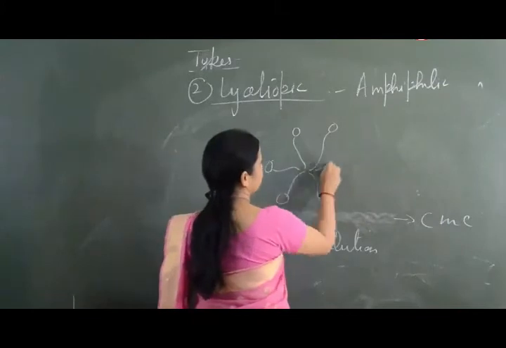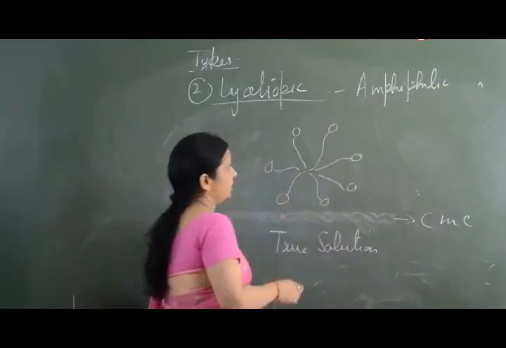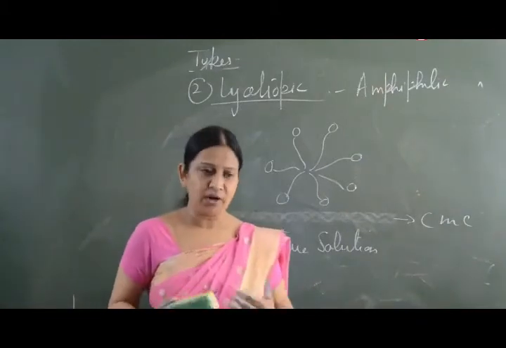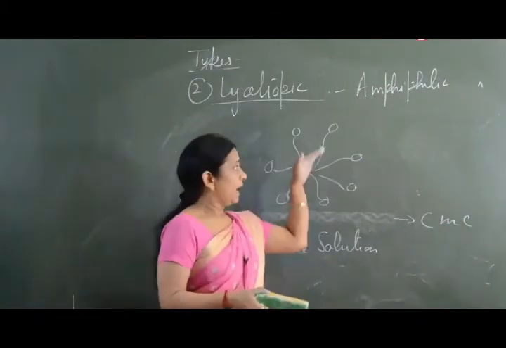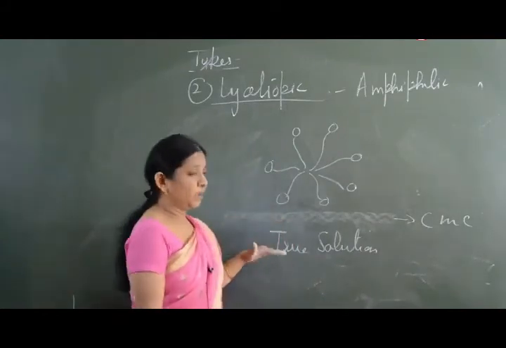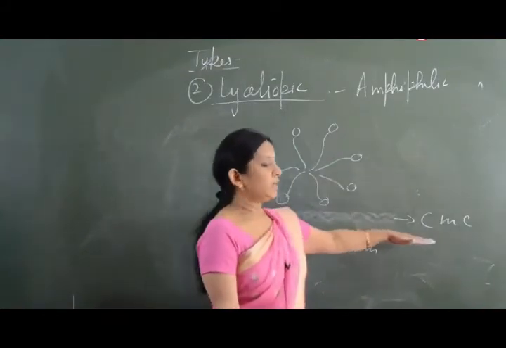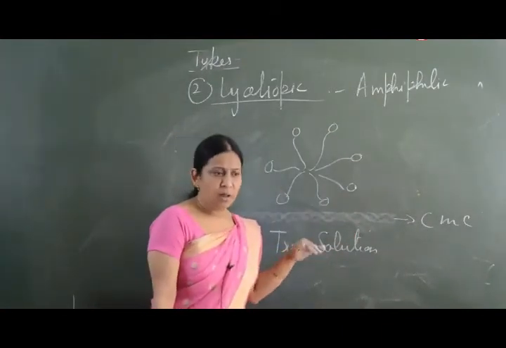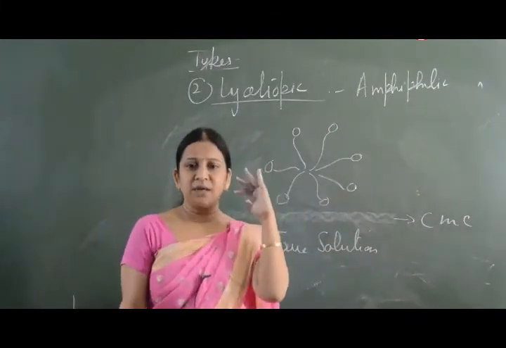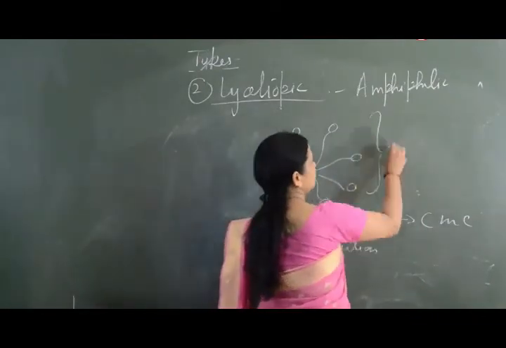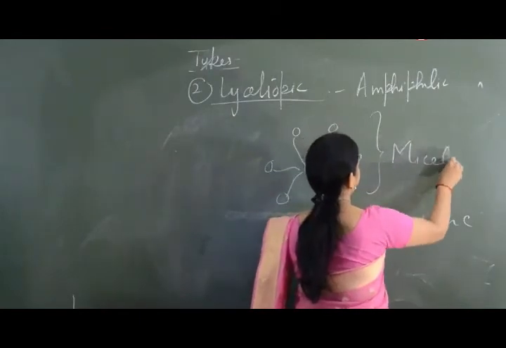This is the structure of a micelle. Head part and tail part, and it has an orientational order. The head is arranged on one side and the tail on the other. So certain substances below the critical micelle concentration behave as a true solution, but above it, they form aggregates of molecules known as micelles.